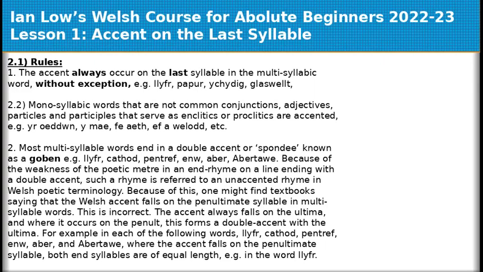Whereas, as I've found from my scientific research through the audio software, the longest syllables in the Welsh word always fall on the final syllable, even in a goben or a double accented word. So this is something to be aware of, because I find it quite common for the textbooks to claim that the accent in the Welsh word falls on the penultimate syllable, which, according to my finding, is not strictly accurate.